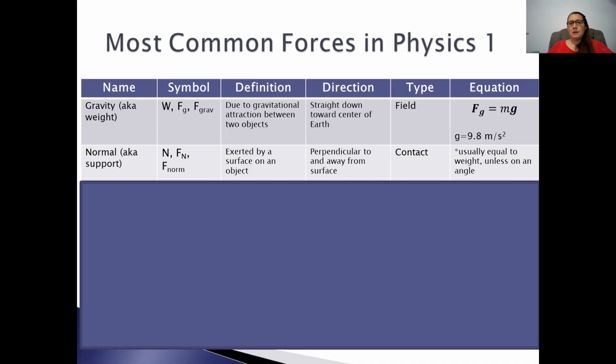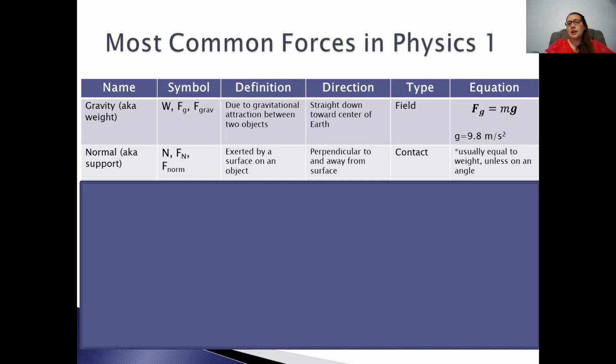And the direction of it would be perpendicular and away from the surface. So if we're having a table, the normal force would be pointed up, perpendicular to the table. If we're talking about a wall, then the normal force is pointed out from the wall, because normal actually means perpendicular. That's how it got its name, as the normal force.